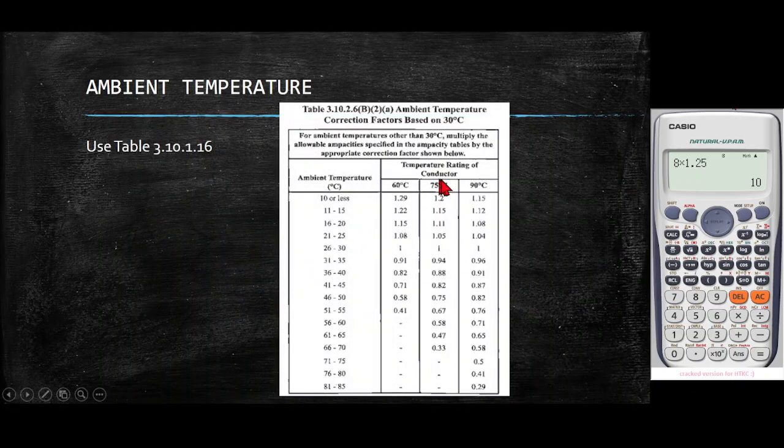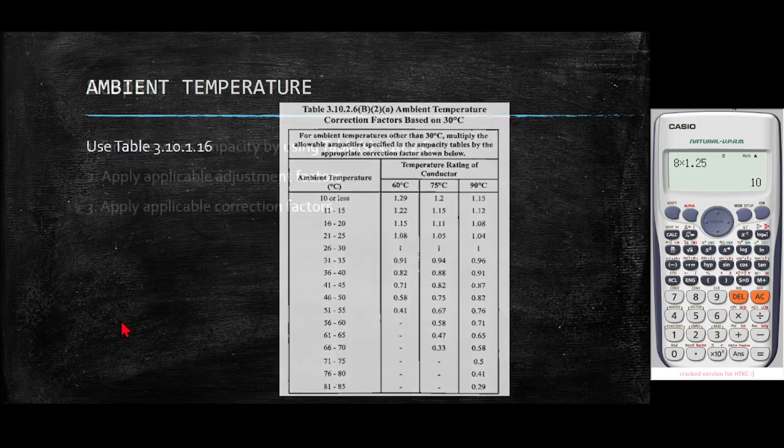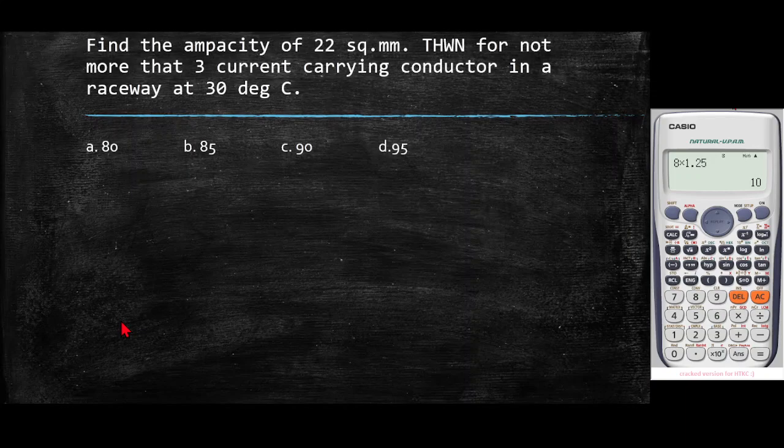Here it is 75, and 30 degrees was used, so the multiplier is just 1. So the answer is still 85. The adjustment: 85 amperes times 1 is 85 amperes. So the correct answer is letter B.